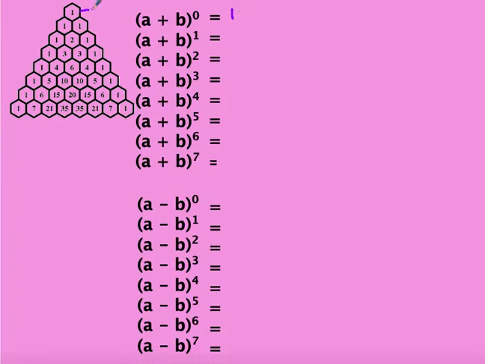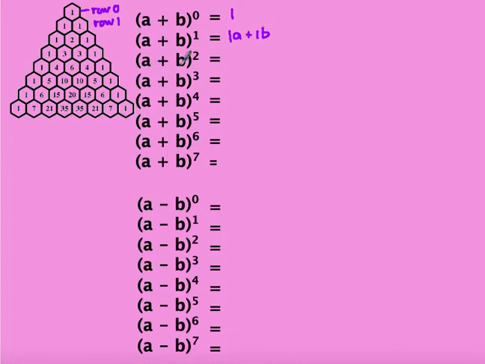So that comes from row 0 here, to the 0 power. Now, when I ask you to expand a plus b to the first power, well, anything to the first power is just itself. So in essence, what we have here is we're going to be working in row 1, and we're going to have 1a plus 1b. Now we know that that is simply just a plus b, but for our process of understanding the patterns, we're going to write it as 1a plus 1b.